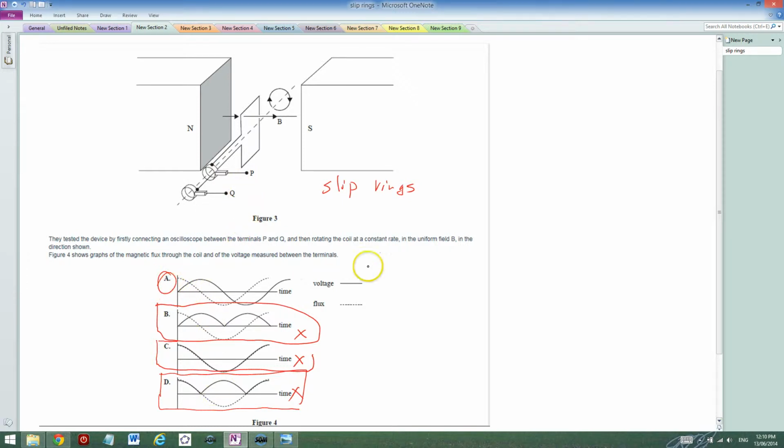If you want to test them, the magnetic flux for A here will be maximum. So the voltage will be zero. The gradient is minus. Remember Lenz's law. So let me write it down again.